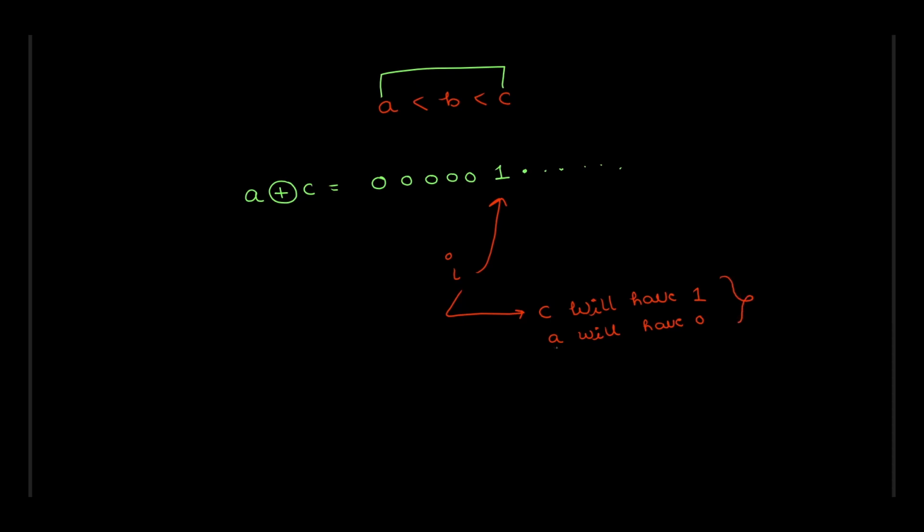Why C will have a 1 and A will have a 0. This is compulsory. So if C has a 1 and A has a 0, and B is sandwiched between A and C, so B is less than C and A is less than B, then what can the value of the bit at index I for element B be?